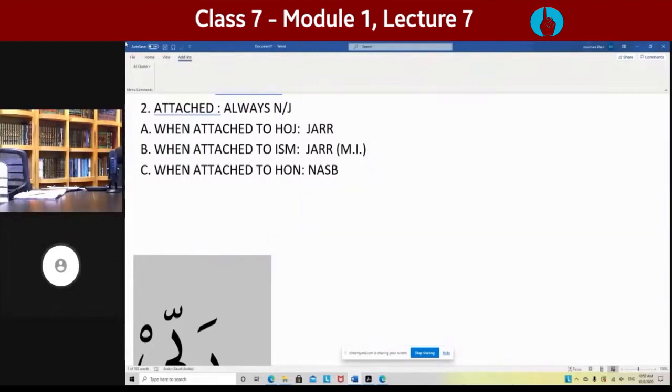Nisar, please explain long distance relationships. When we talked about mudaf and mudaf ilay, and the harf of jar and its victim, we said that the victim and the mudaf ilay always have to come right after the mudaf or the harf of jar. This isn't true for a harf of nasab though.